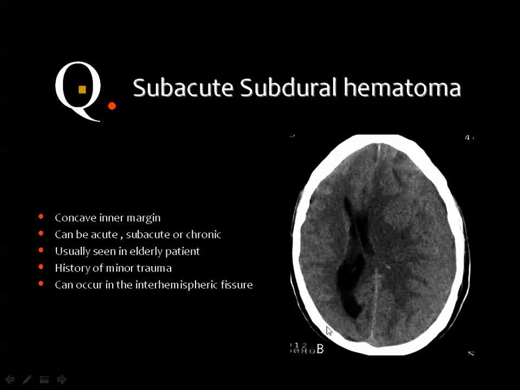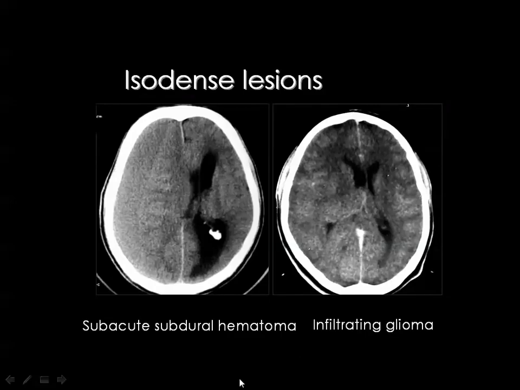But if you do not see the gray-white matter interface, meaning that the lesion is infiltrating the brain parenchyma, then the diagnosis at that time will be infiltrating glioma. And this is the difference. In the subdural hematoma, you see the gray-white matter interface, which is displaced medially. But in the infiltrating glioma, you cannot see the gray-white matter interface.